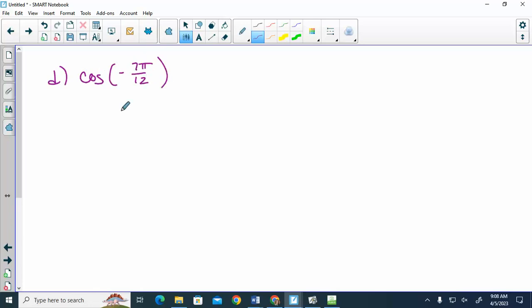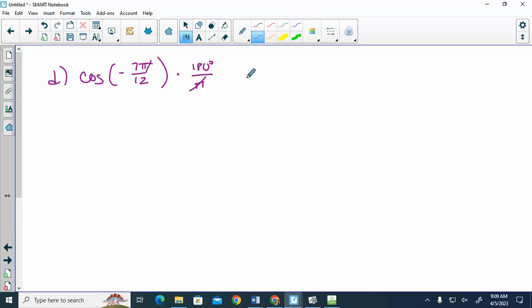All right, D. What do we do first here? Yeah, we don't want to leave this in radians because it's really hard to think about things that add or subtract if we're in radian mode. So we could convert this into degrees by multiplying by 180 over pi like we did on the last one.